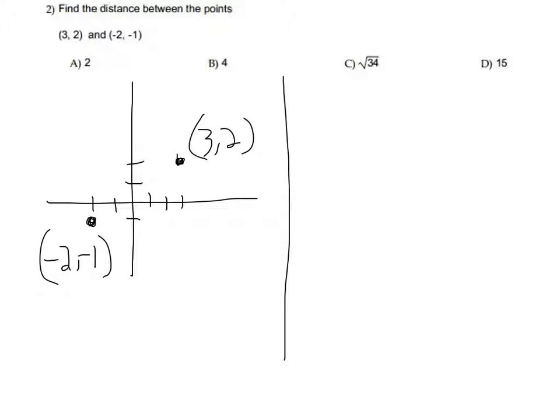So the first method, find this distance. Well, this is just a right triangle. Now from -2 to 3 is 1, 2, 3, 4, 5. So we can fill out 5. And then from here to here, that's -1, 1, 2, 3, 3.